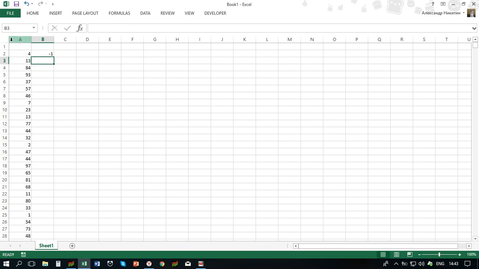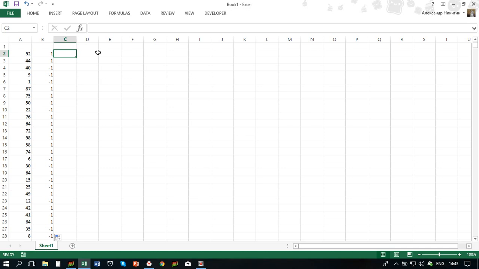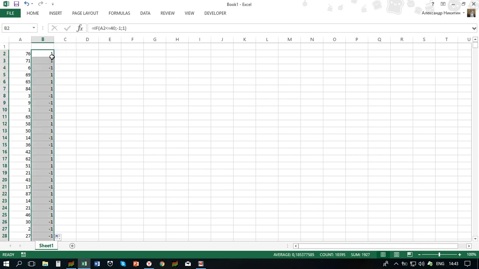Done. And if I double click on this, you see everything is recalculated. When I change some formula within the cell, you see these cells are also recalculated. So 10,000 trades, another 10,000 trades, and another, and another.